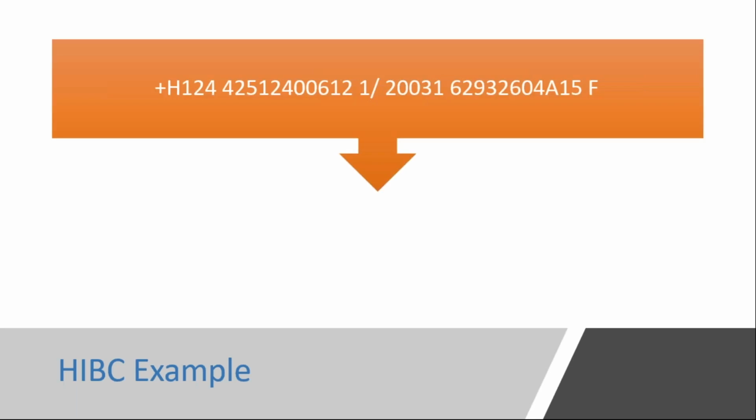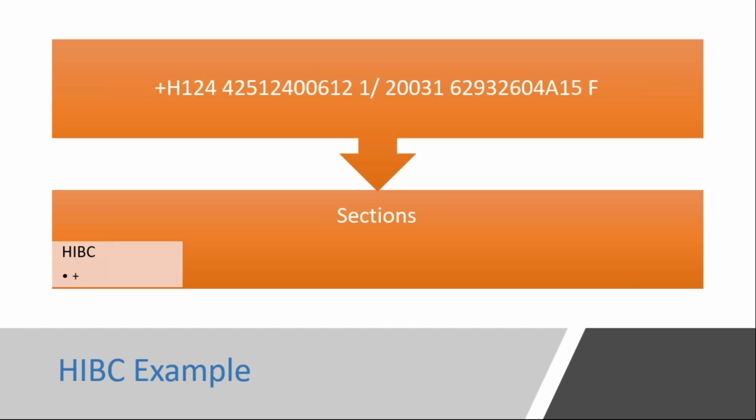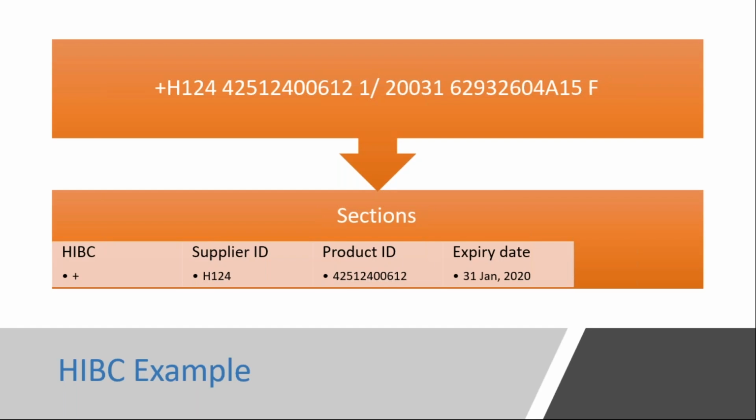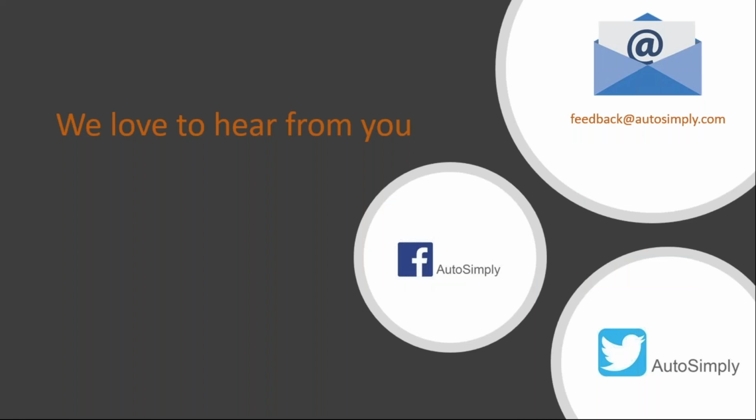Okay, so this, again, got different sections where you've got the HIB number, the supplier ID, a product ID, an expiry date, and a lot number. So you can embed lots of different kinds of information into these barcodes to ensure that with one scan, you're tracking a lot of different information.